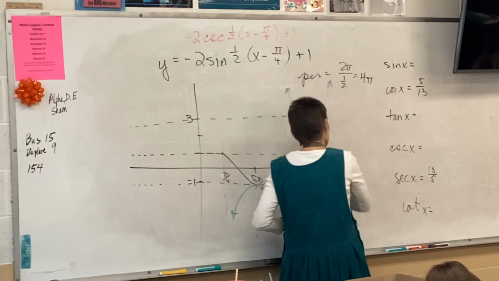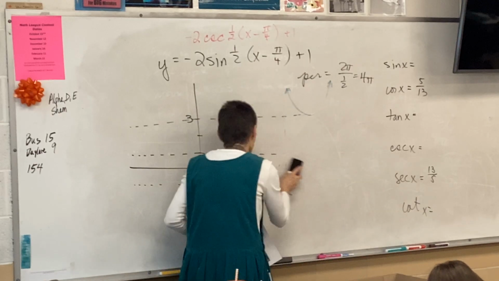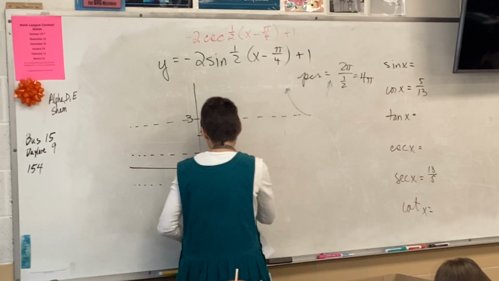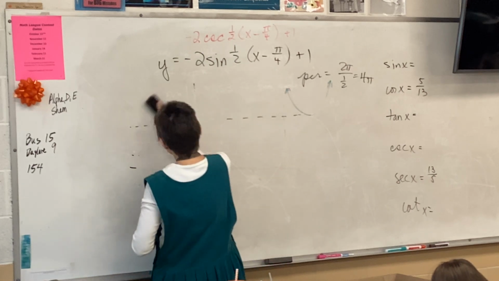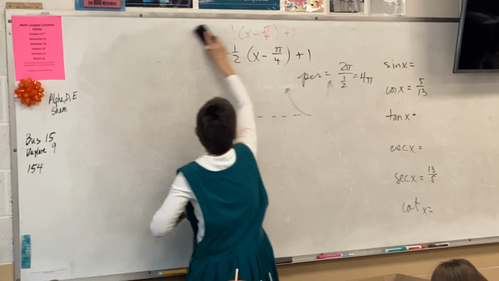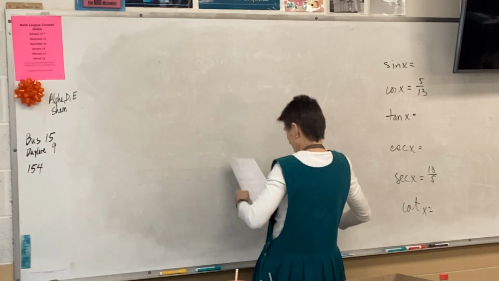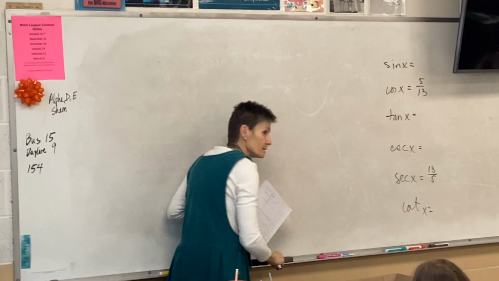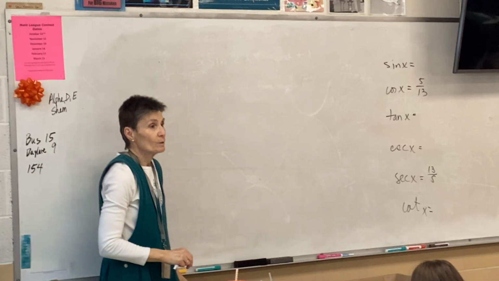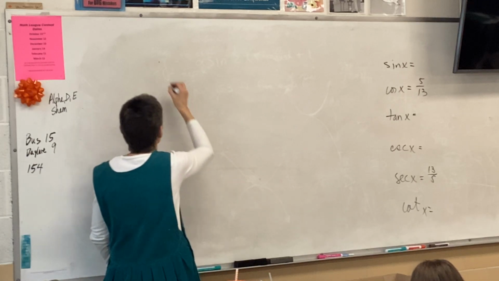You know you're going to need a picture, and the problem tells you where to draw the picture. Where are we going to draw the picture? We're going to draw the picture in quadrant 4. How did you know it's in 4? Between 270 and 360.